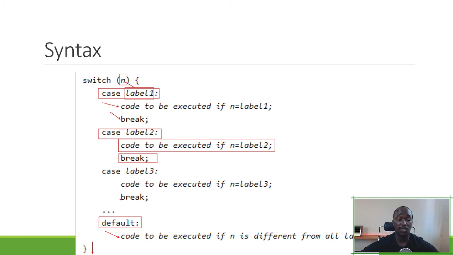One thing you note here is that after every case, we have a break. But for the default, we do not have a break, because after this code is executed, we get out of the switch. That's why the default does not need a break.